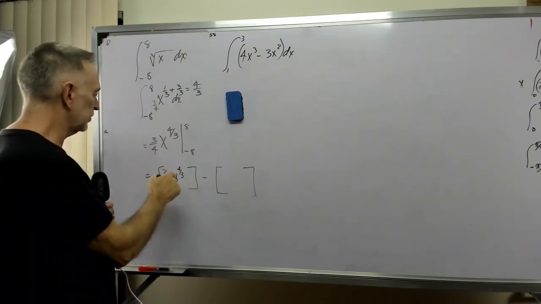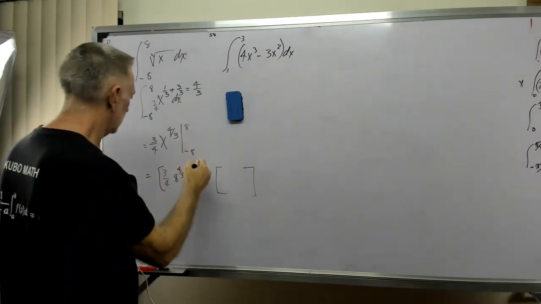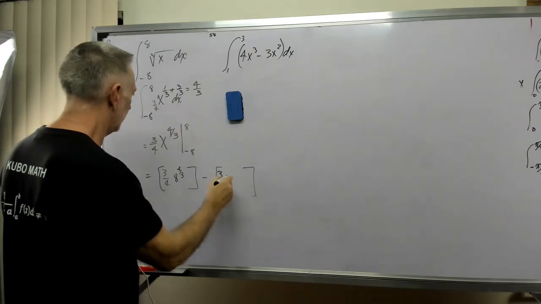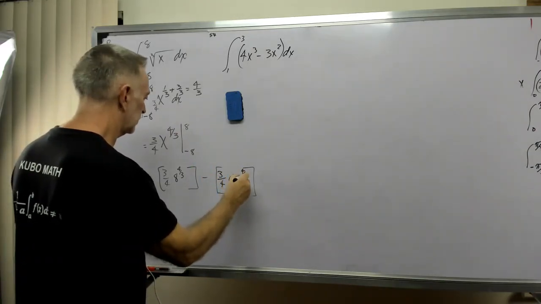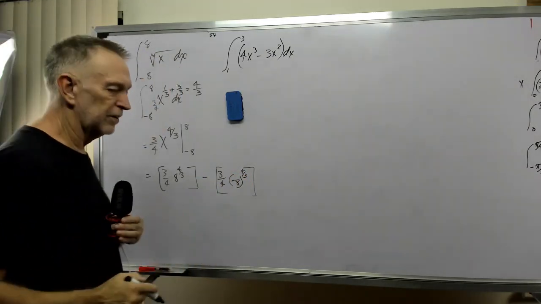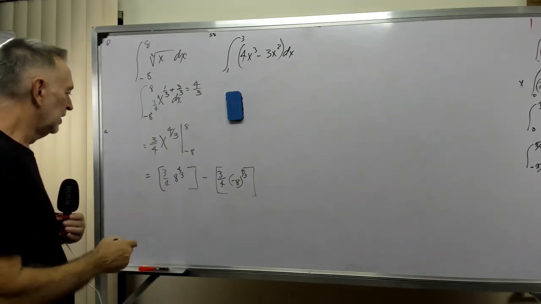So 3/4 times 8 to the 4/3 minus 3/4 times negative 8 to the 4/3. If you plug that in your calculator, it explodes. Actually, it goes into a complex number.